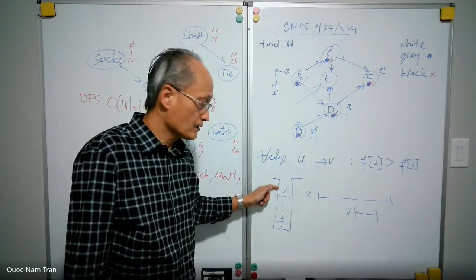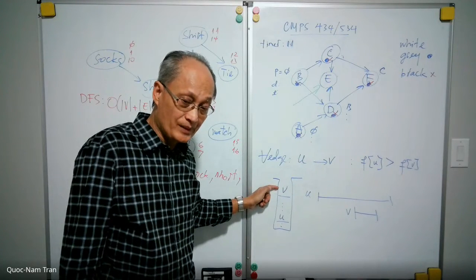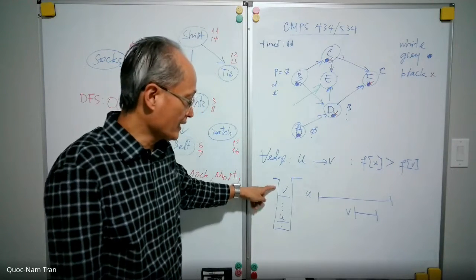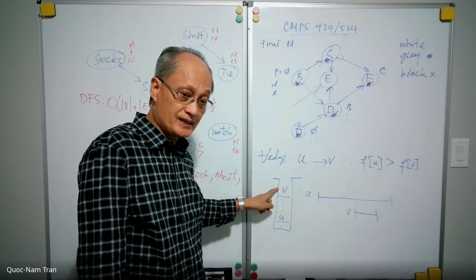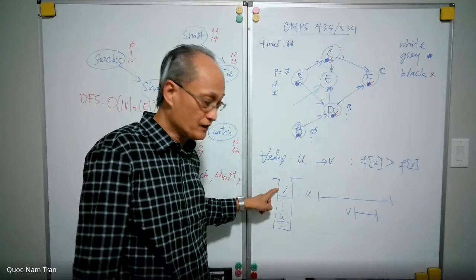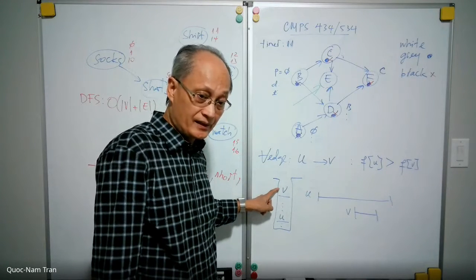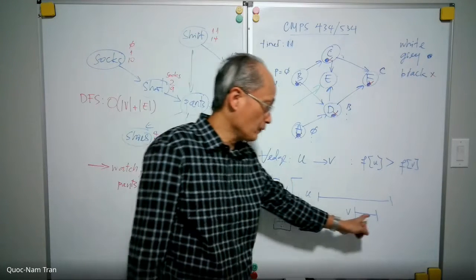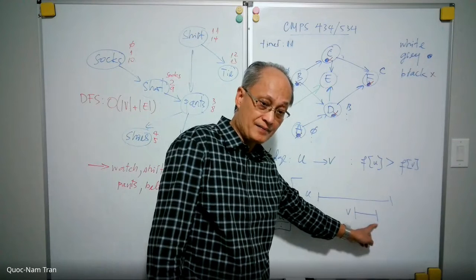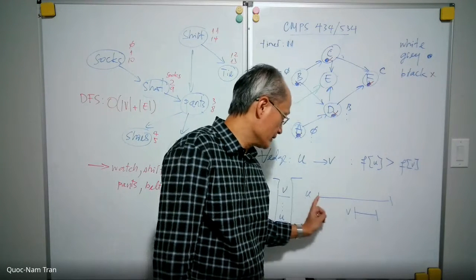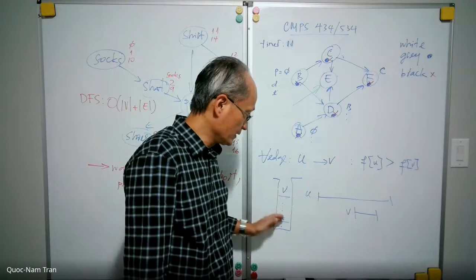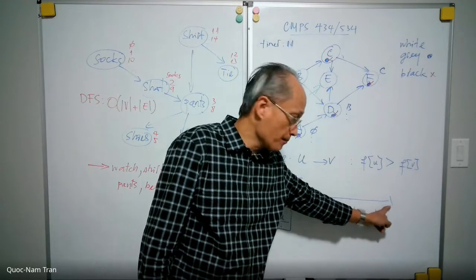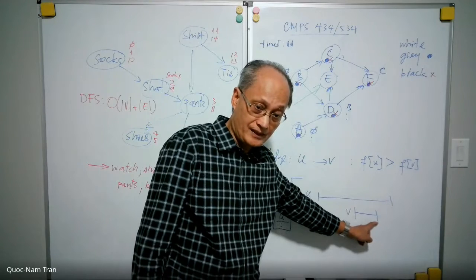If v is white, meaning that v has not been touched before, then we push v in, color it gray, and then continue, meaning we will have to pop v out. At that time, we record the finishing time and continue with u, right? So that said, finishing time of u is always bigger than finishing time of v, right?